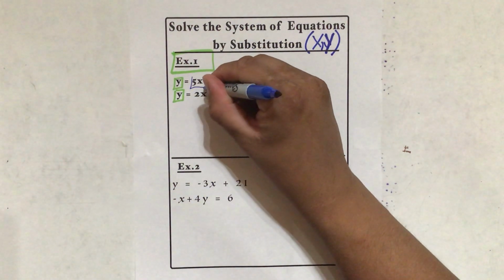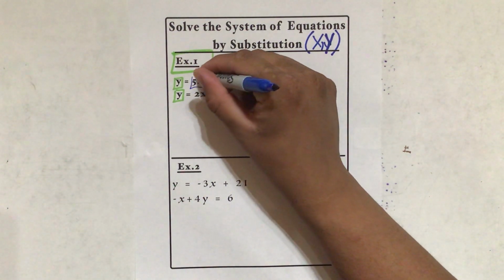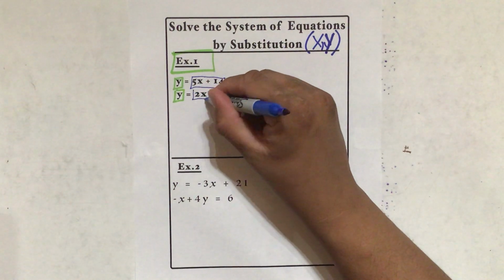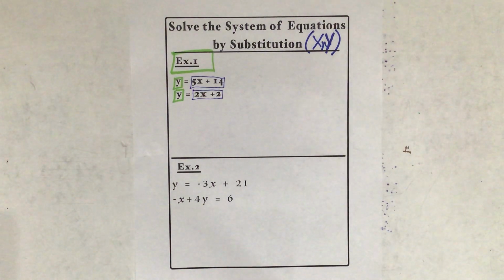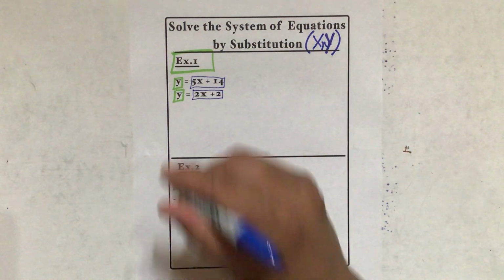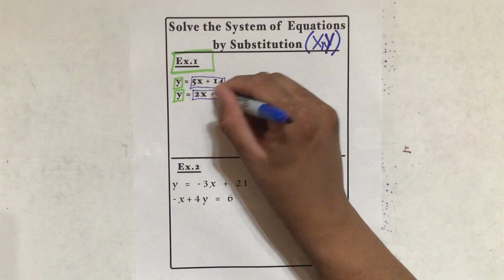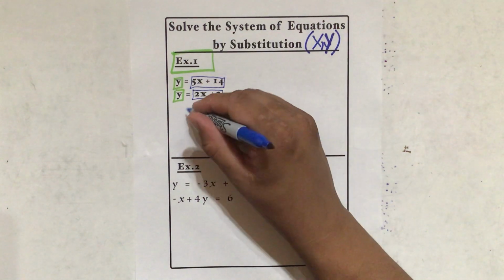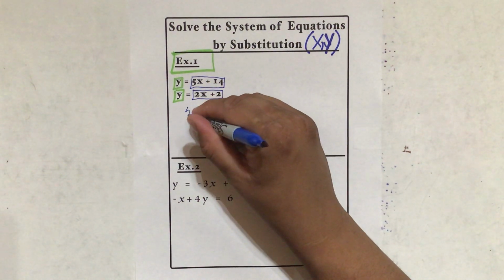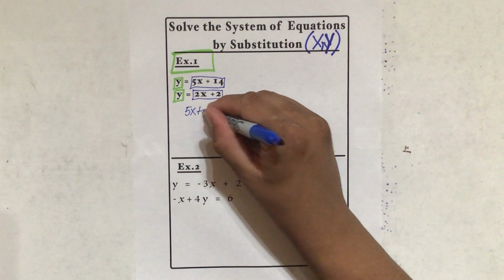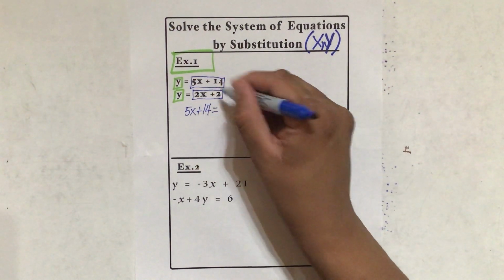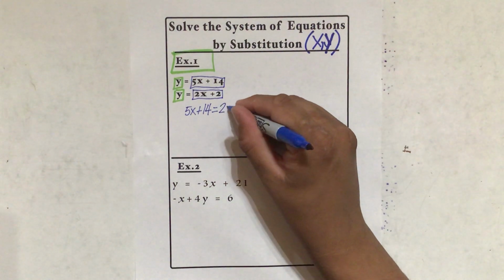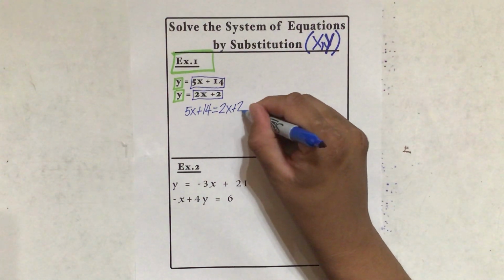Well, this is the first right side of the equation, and this is the second right side. So if those two are equal, let's set them up as equal. I'm going to bring down the first blue box here, and I'm going to say 5x plus 14 equals the other blue box, which is 2x plus 2.